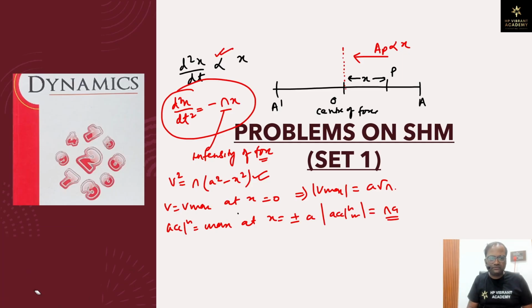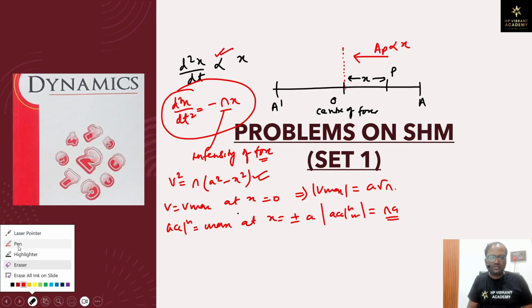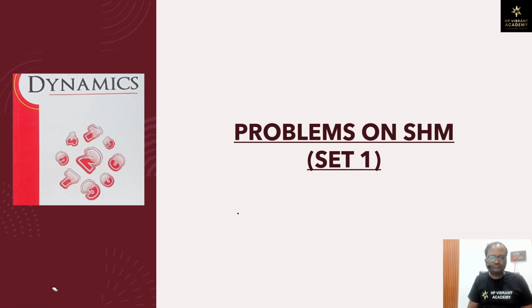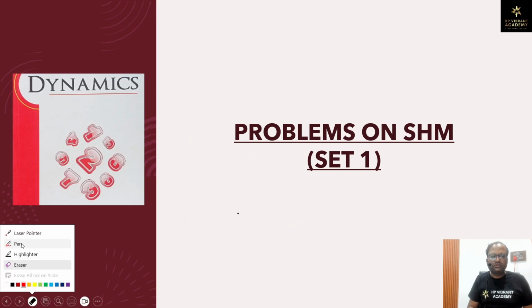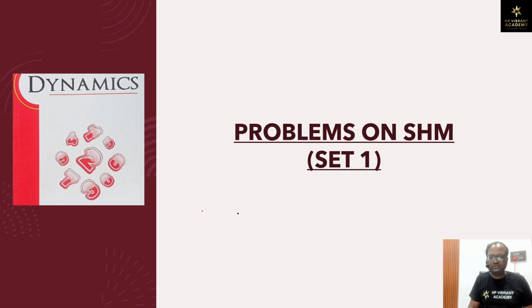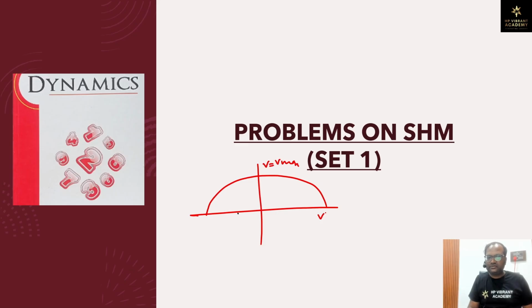So the variation of velocity with the displacement is like this. Here v is equal to v max, and here v is equal to 0.